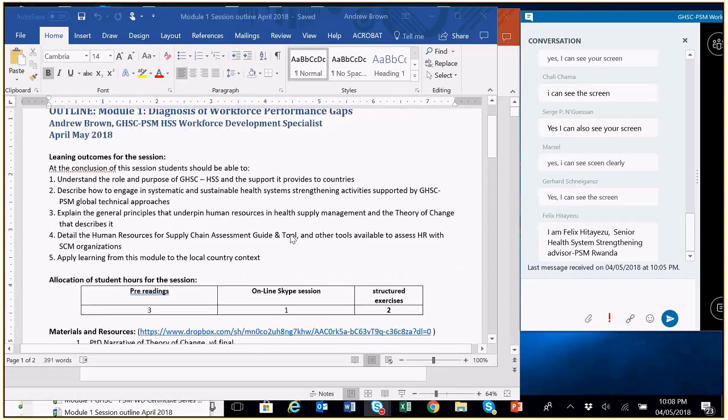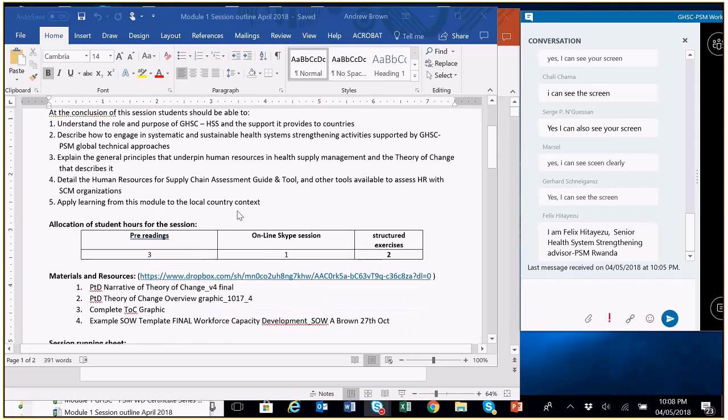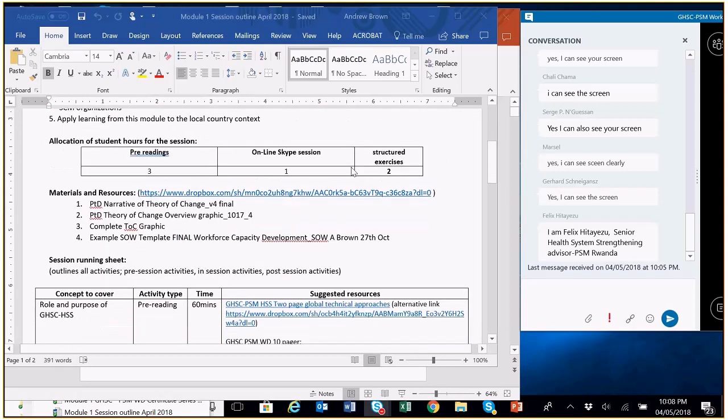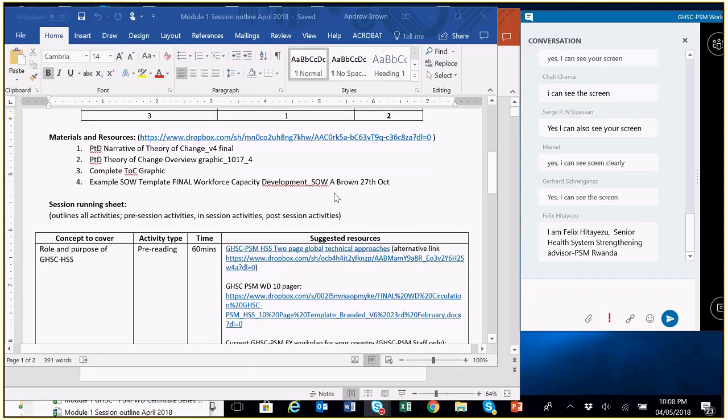So just to go over the session outline so you clearly understand, there are the learning outcomes of the session. There is an estimate of time that you'll need to set aside for the session. There are materials and resources, which will either be in a Dropbox link that I'll provide to you, or they will be attached to the invitation that I sent.